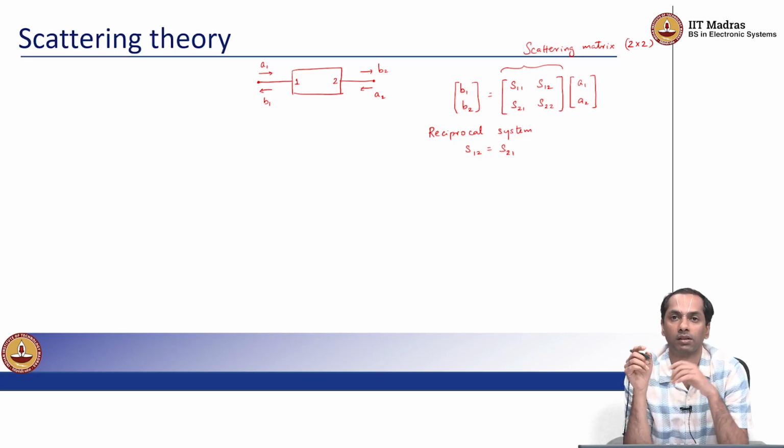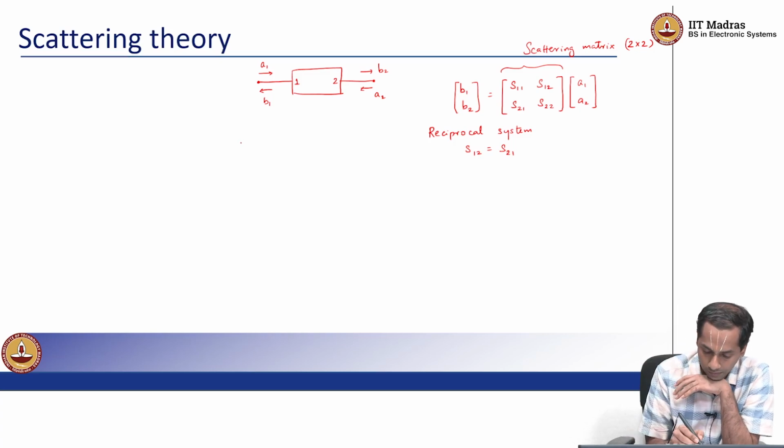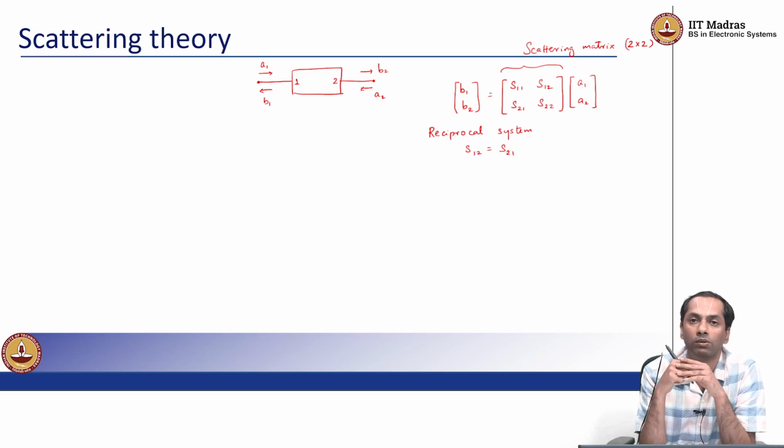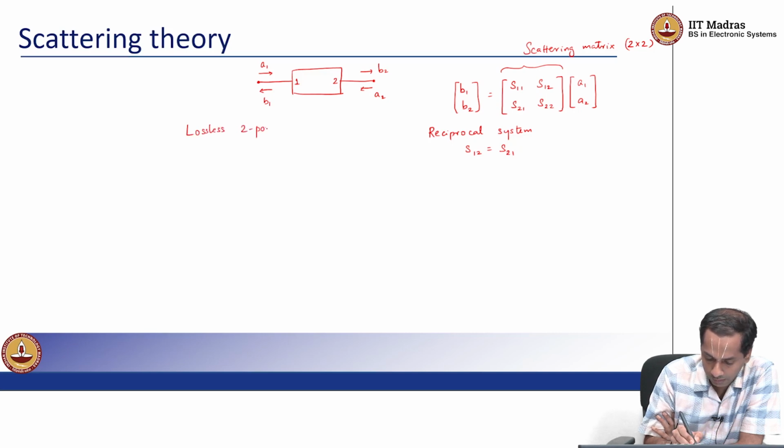And if we consider the lossless nature, that is, all of the power from A1 and A2 ends up in either of B1 or B2 or a combination of both, in that case we can say that in a lossless 2 port, S11 squared plus S21 squared is 1.